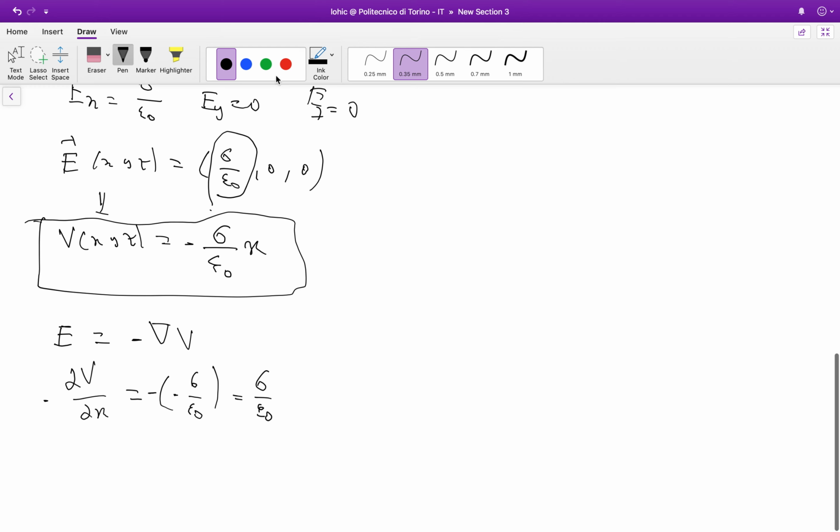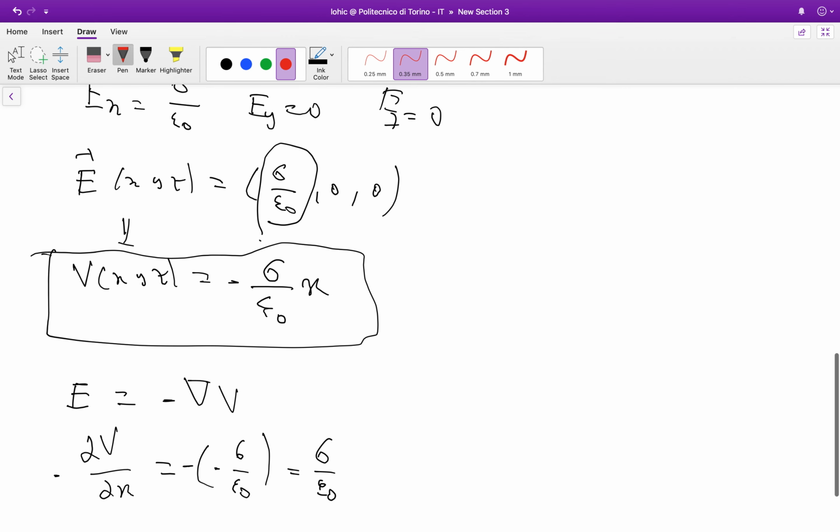Do you have any question? Okay. In fact, look, the relationship is that the electric field is minus the gradient of V, right?